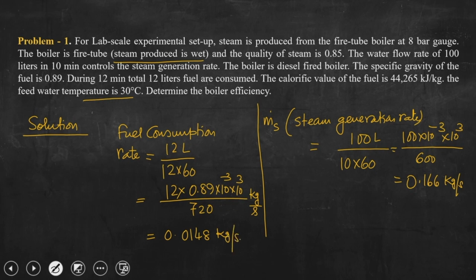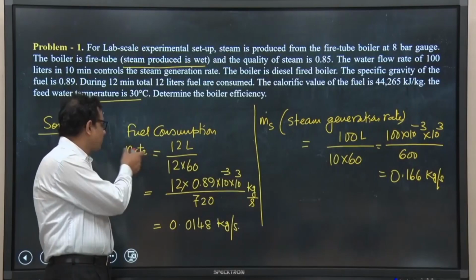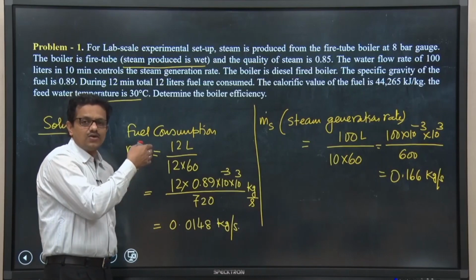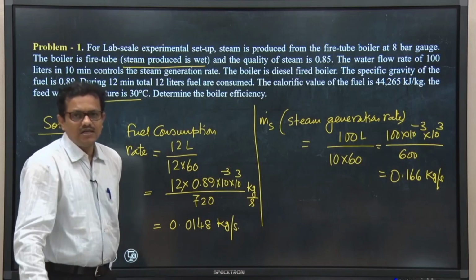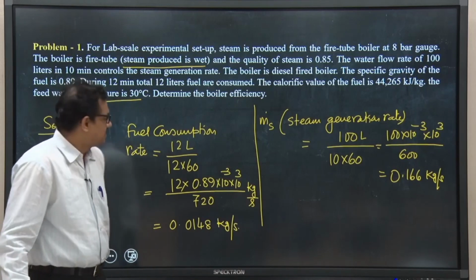These two quantities we have calculated, because we have discussed that in a boiler there are two different streams. One is the stream of flue gas, the other is the stream of water and steam. So, at least we could calculate the flow rate of steam and flow rate of fuel. Knowing these two quantities, next we can proceed with the calculation of the efficiency.